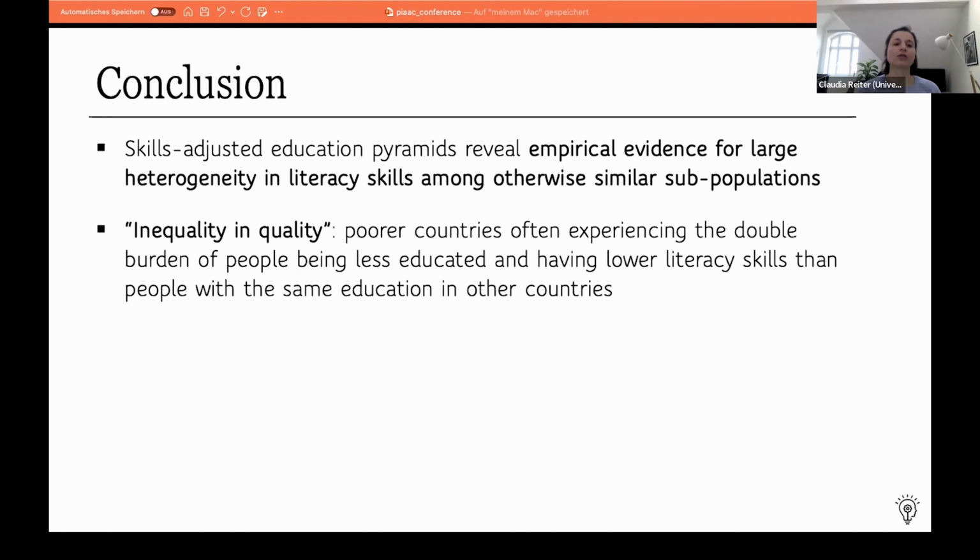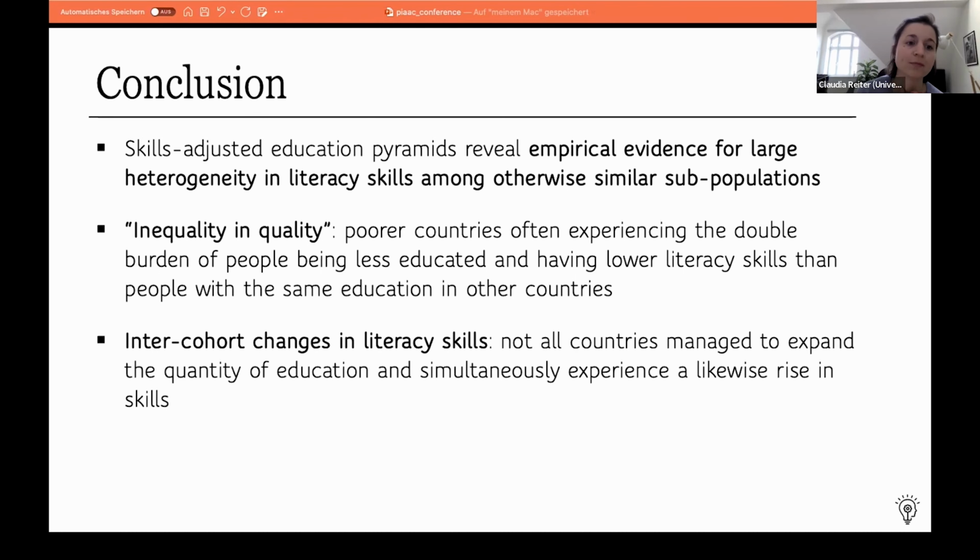Then I also found what I call inequality and quality, with poorer countries often experiencing this double burden of, on the one hand, people being less educated and also having lower literacy skills than people with the same education in other countries. I also found important inter-cohort changes in literacy skills, meaning that, as we've seen, for example, by the Kazakhstan graph, not all countries managed to expand the quantity of education and simultaneously experience a likewise rise in skills.